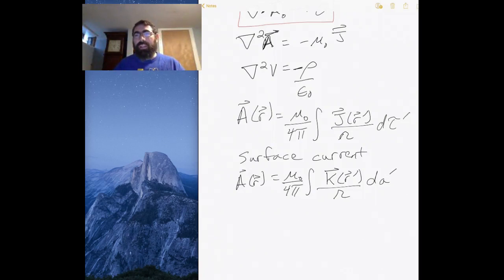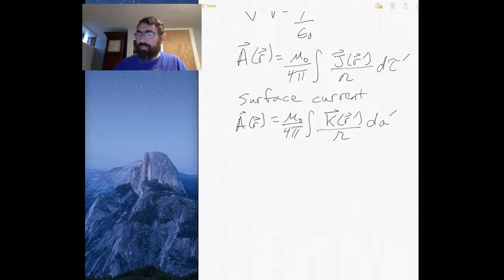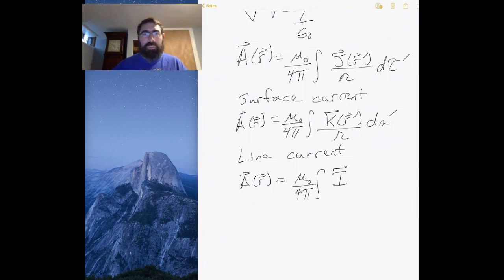Or if I just have a line of current, then I can write out the magnetic potential as mu 0 over 4 pi, I, just the current, divided by r, dl prime.